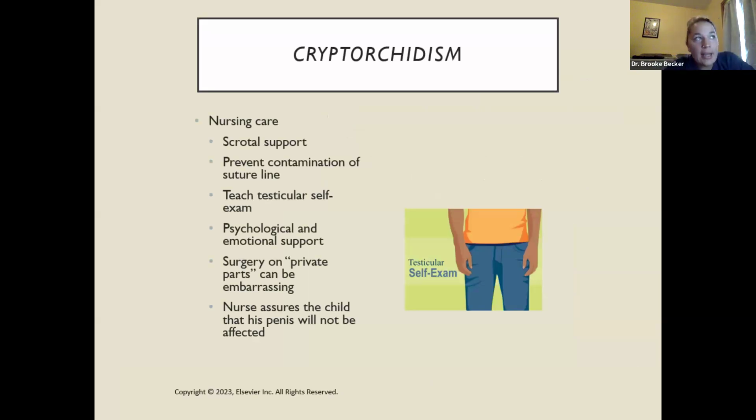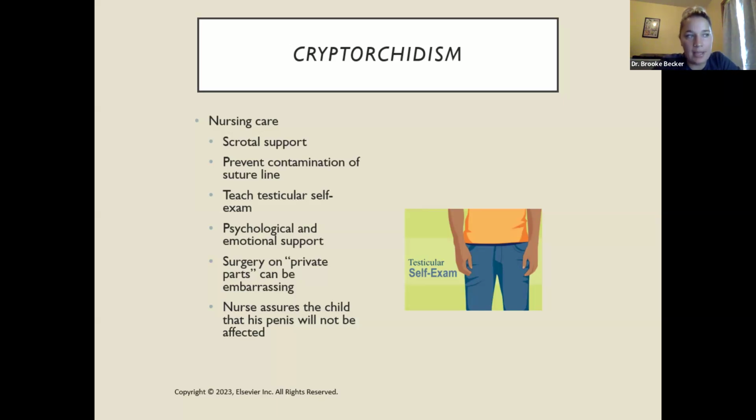So your nursing care for cryptorchidism is, obviously, that kiddo is going to need scrotal support for a period of time. A lot of times they'll have some sort of scrotal support underwear object that they put in, and then they put their underwear or their diaper on as well.